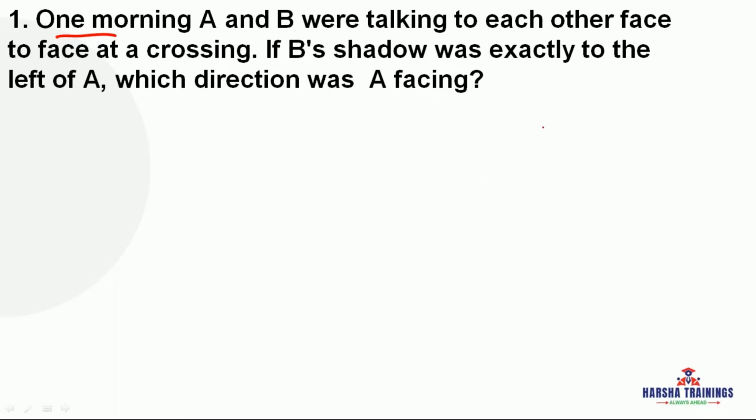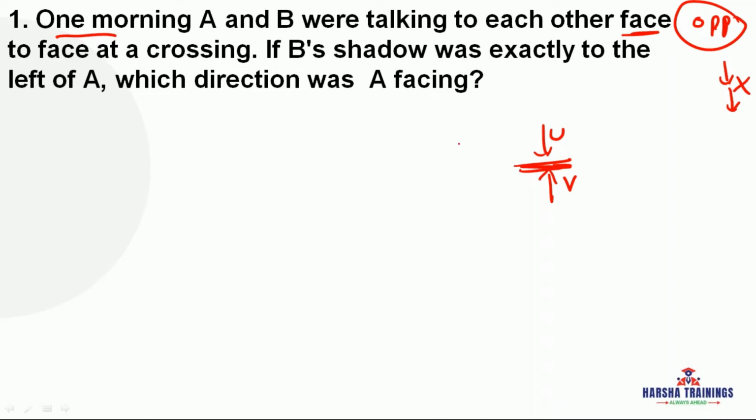For example, one morning two friends Uday and Vishal were talking to each other face to face at a crossing. It will be clear in the problem: at a crossing, face to face or opposite. Okay, 2 persons face to face.